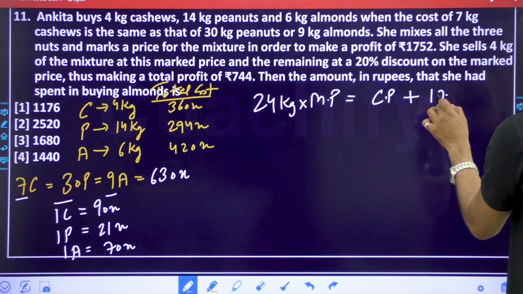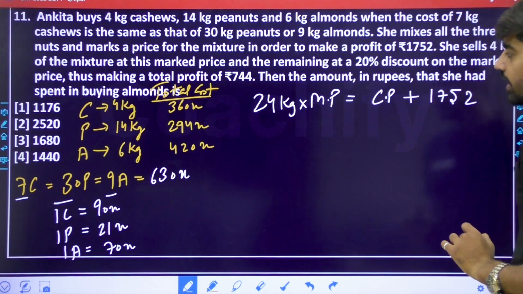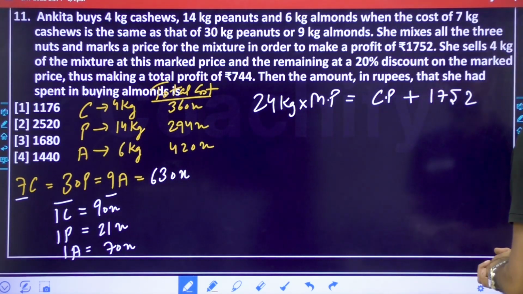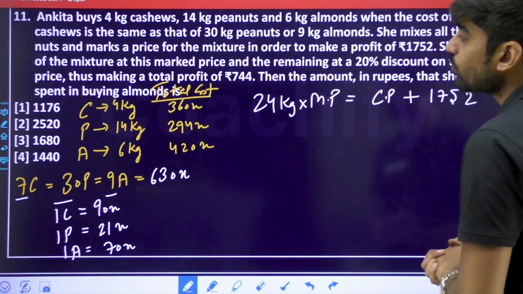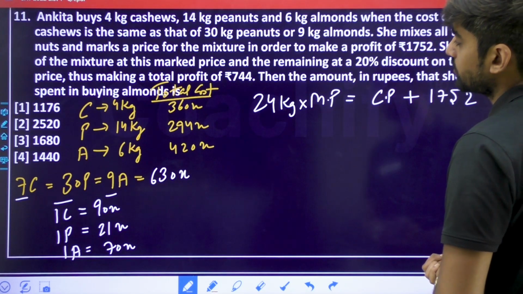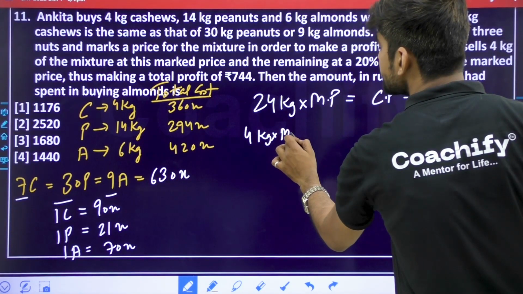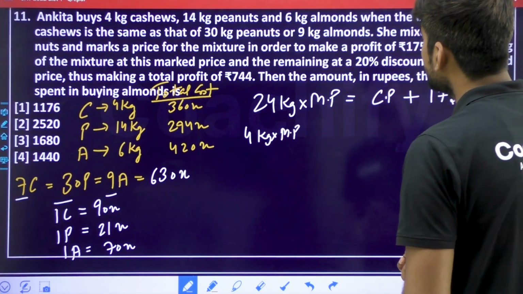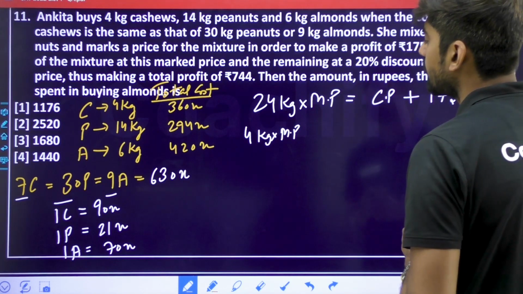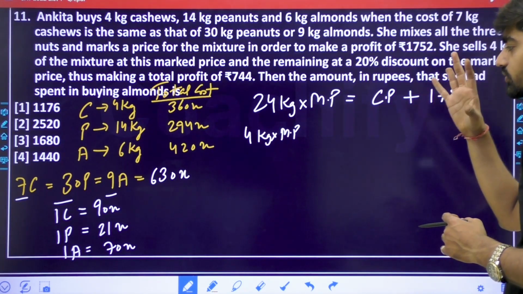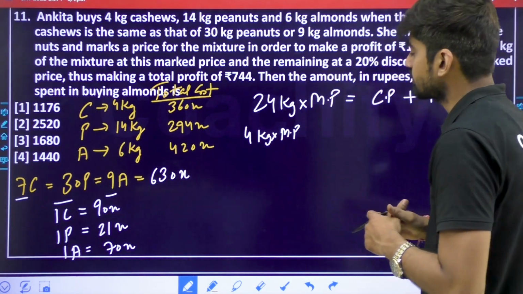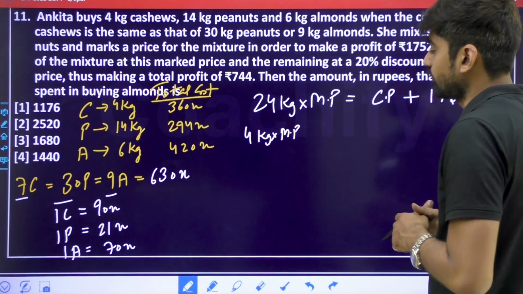which is 1752. Now the question says that she sells 4 kg of the mixture at this mark price. That means 4 kg into your mark price per kg, and the remaining at a 20% discount on the mark price. 20% discount means you are reducing the value by 1/5. That means you are still having a value of 4/5.